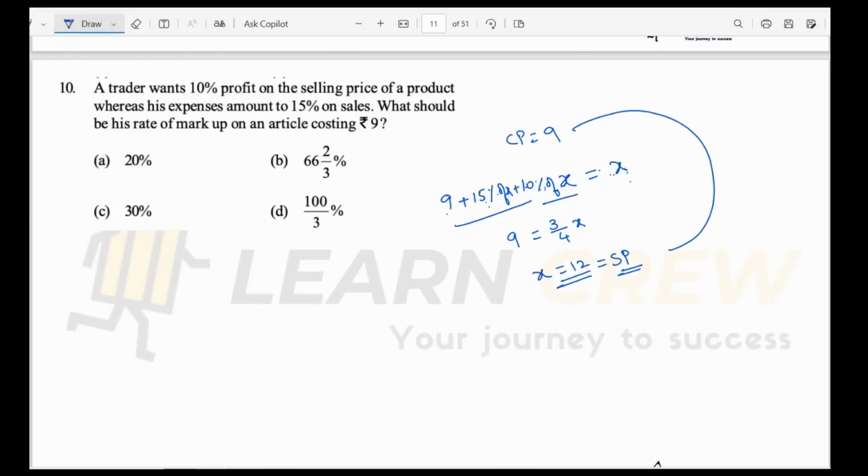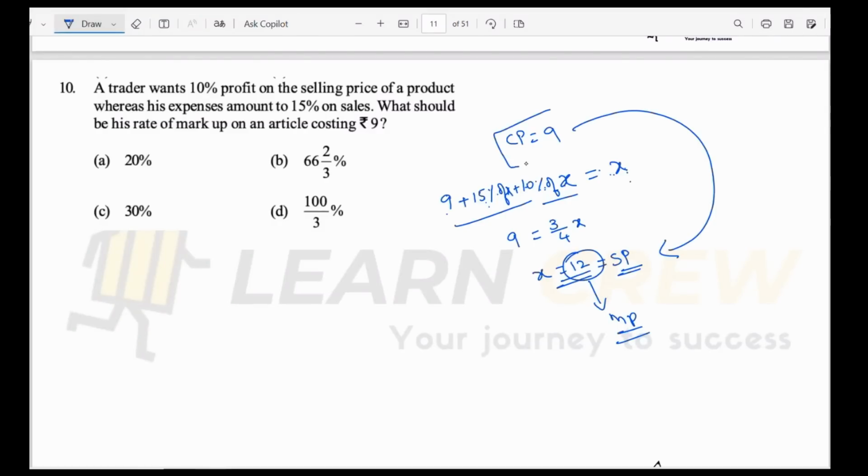So now what is asked? What should be his rate of markup? He has to sell at what price? 12 rupees. This is the MRP or not? This should be the market price. So by what percentage should it be hiked?